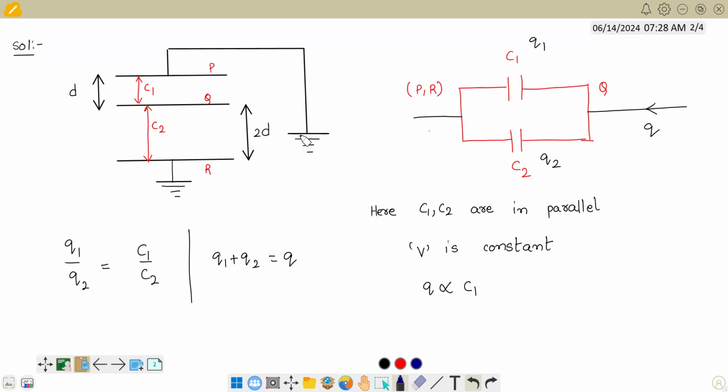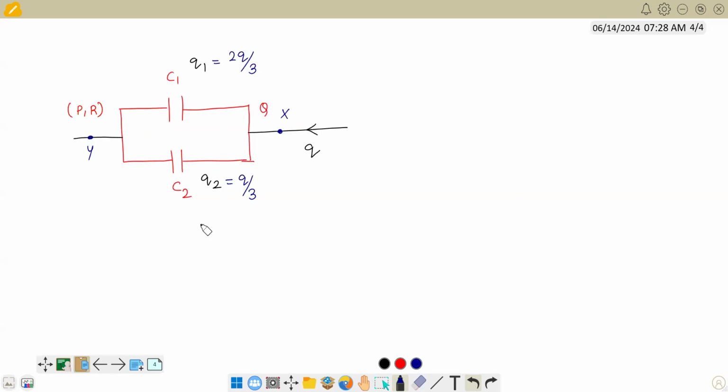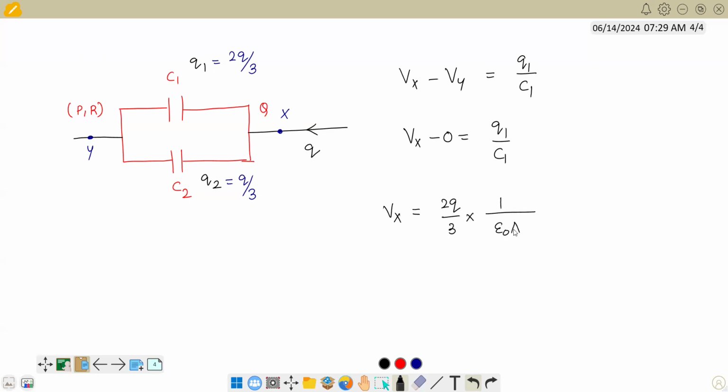So we can say the potential of P and R both are 0. So we can write Vx minus Vy equals Q1 by C1. Vy is anyway 0, so Vx is simply Q1 by C1. So Vx would become Q1 value is 2Q by 3 into C1 value is 1 by epsilon naught A by D.